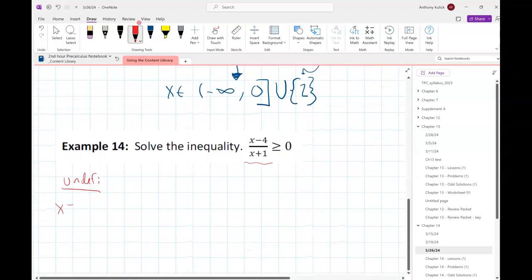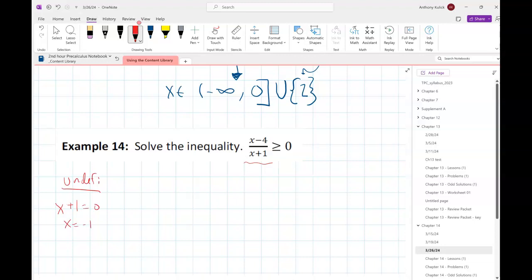When the denominator is equal to 0. And then where it's equal to 0, when can that happen? Think back to graphing. How do we find those x-intercepts? We set the numerator equal to 0. Everybody's okay there?